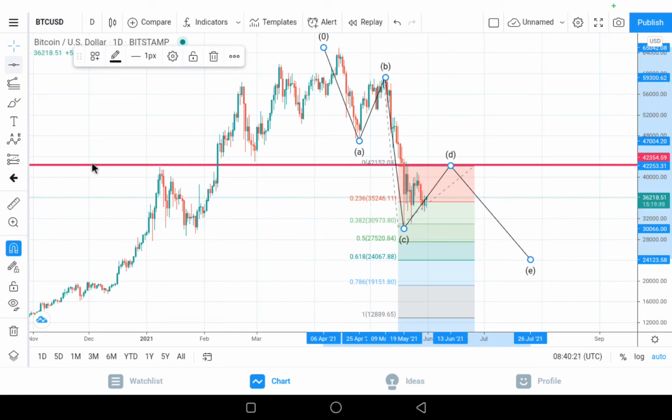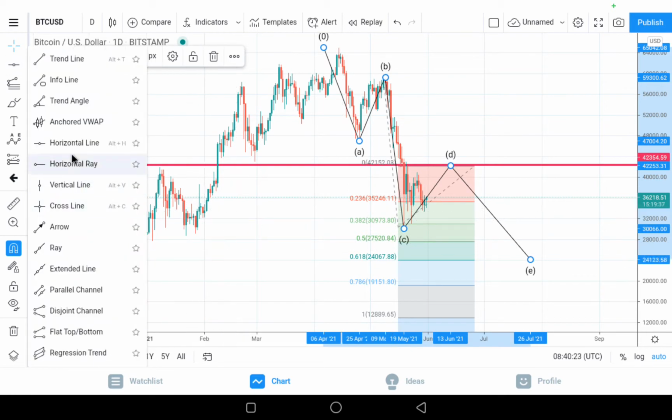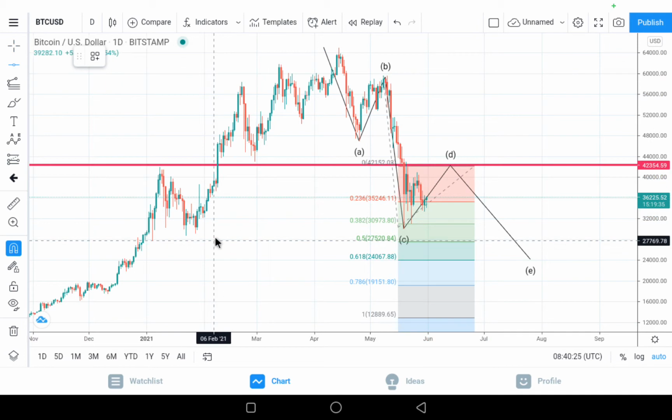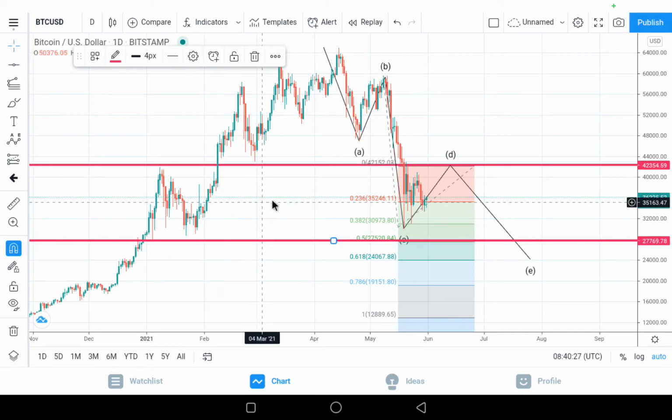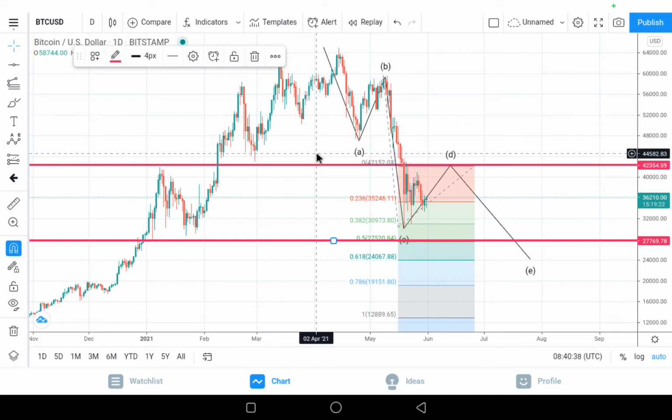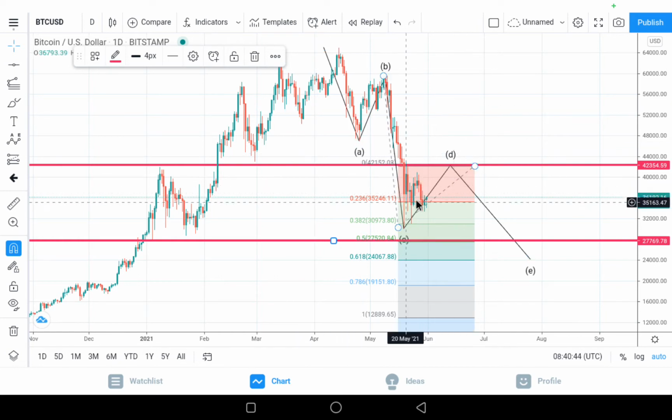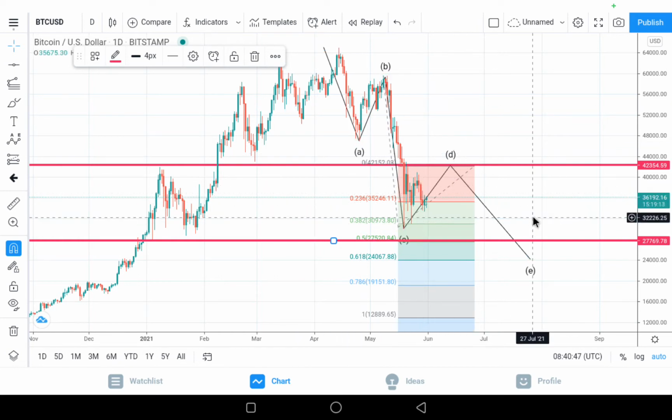This support right here is okay. If we're going to range, we should range around here and just bounce, then we break this and continue our trend. That will be great, because everything confluences to this point. We may range a little bit, find momentum and just break out.